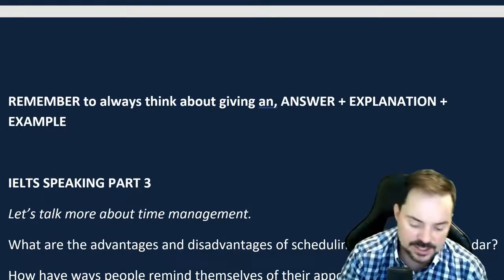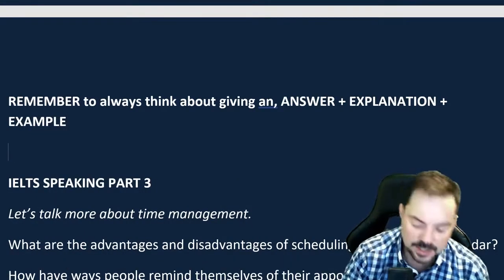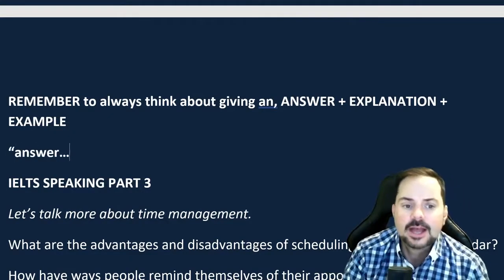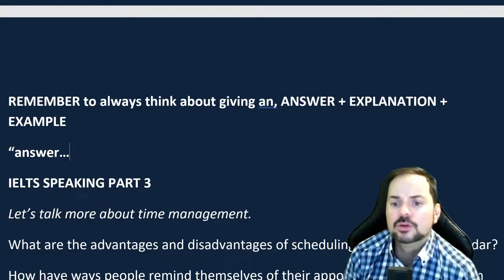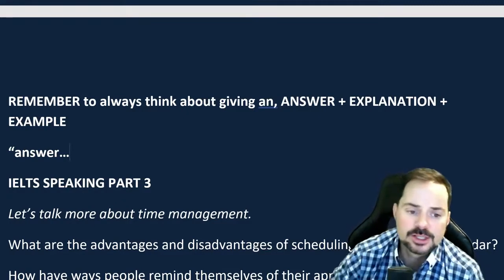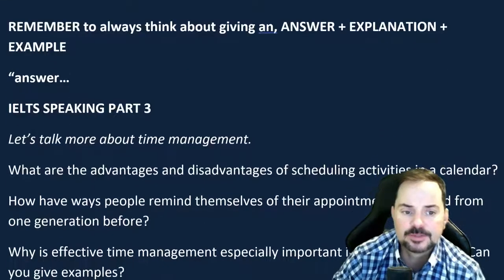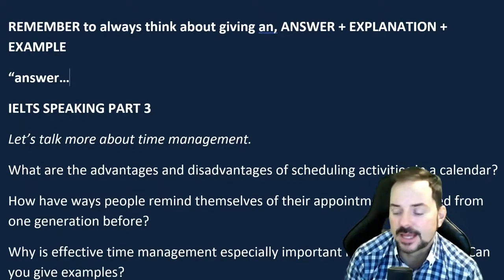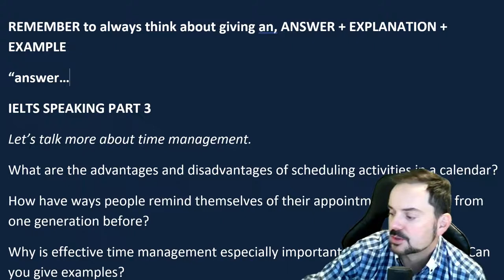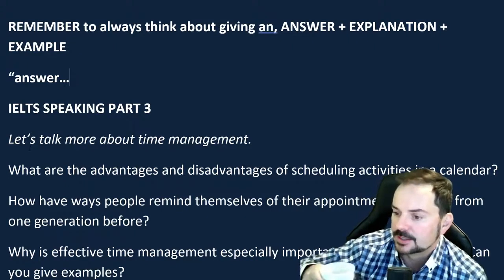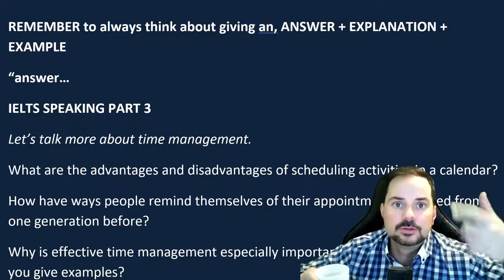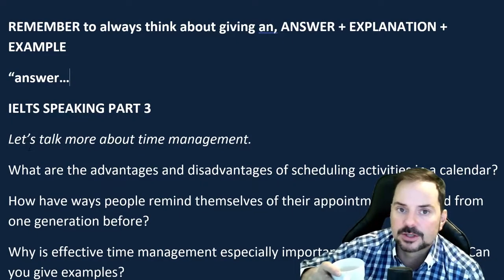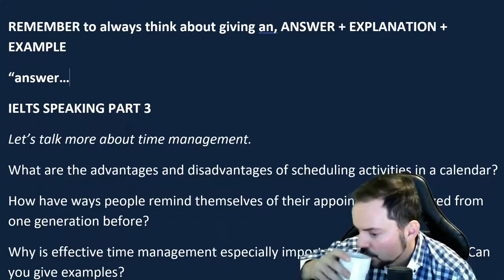So you give your answer, okay. What words can you use during your speaking, during your response to make sure that you're including the explanation? So what are some key words that you need to just throw into your responses so that you go, okay, there's my answer, here comes the explanation.